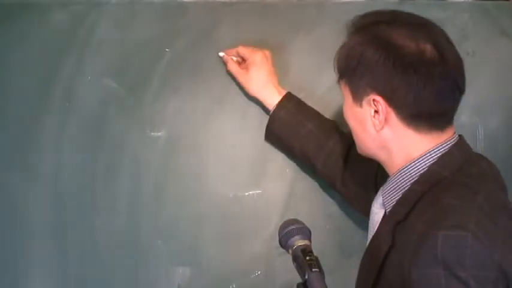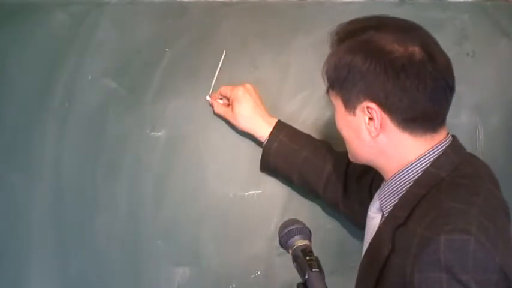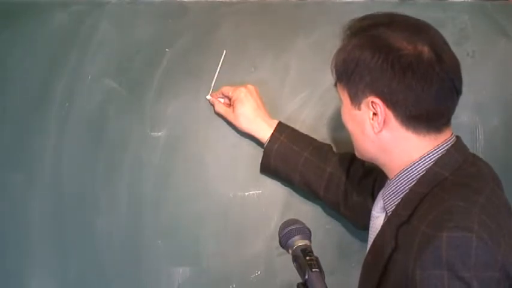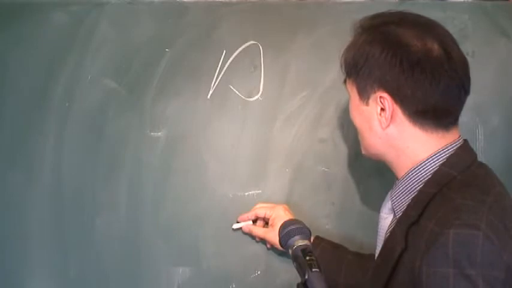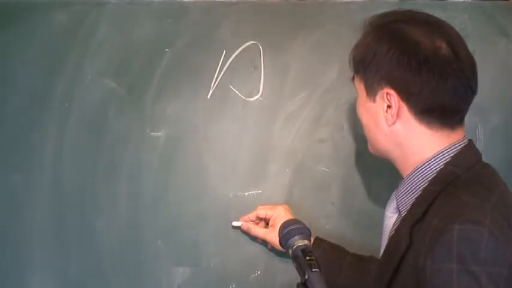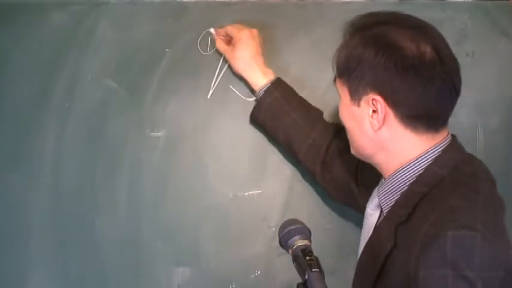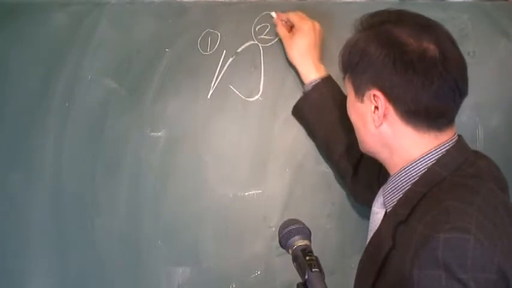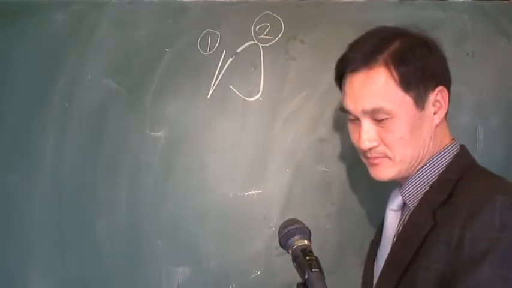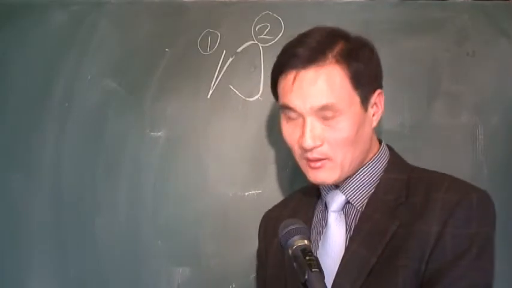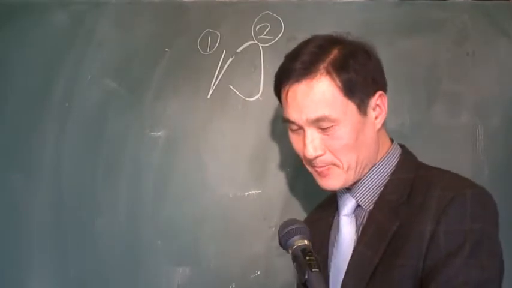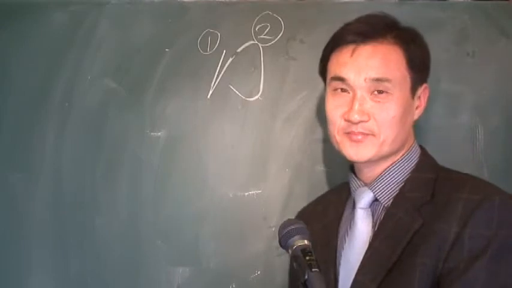Next, mem. First, draw a vertical line like this. Next, draw a square. Mem also has a different form when it is the last letter of a word.